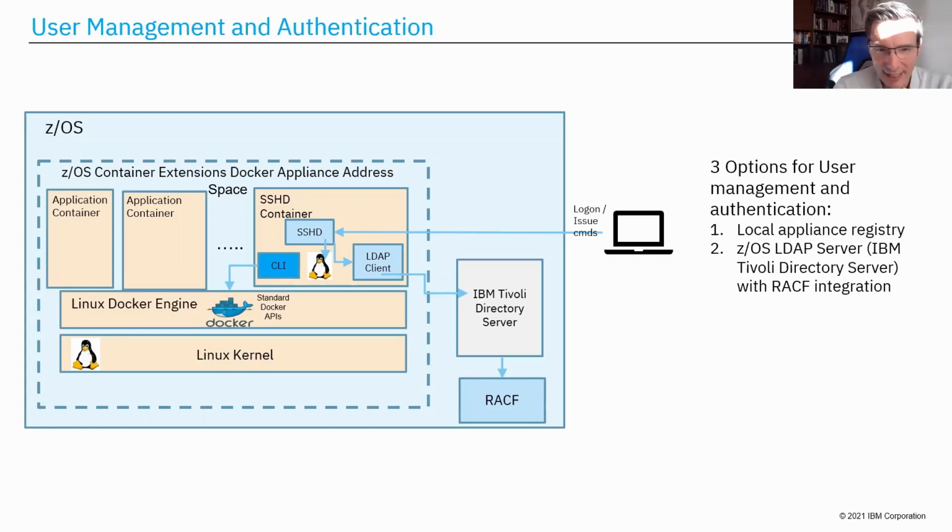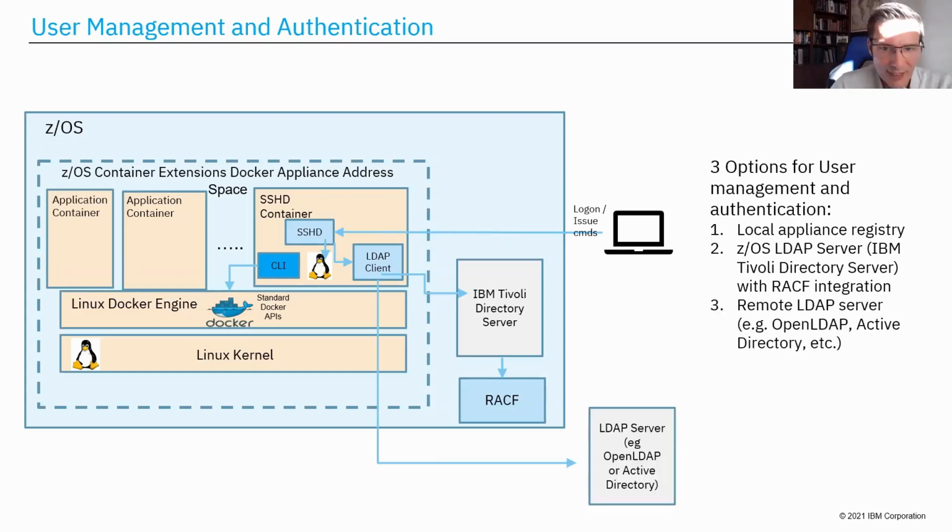So this is a more sophisticated setup. It does require a bit more work to set up the LDAP, but once you have that set up, it's very powerful, and you're authenticating through your standard ESM that you have on z/OS.